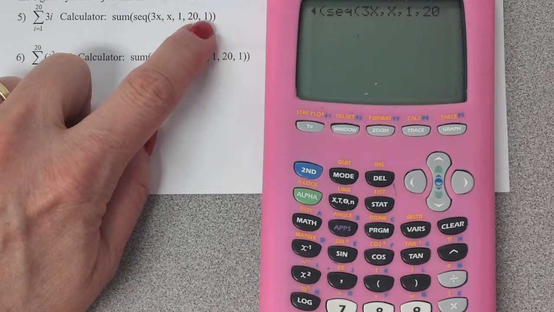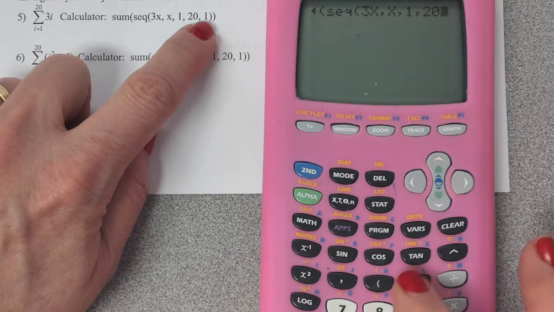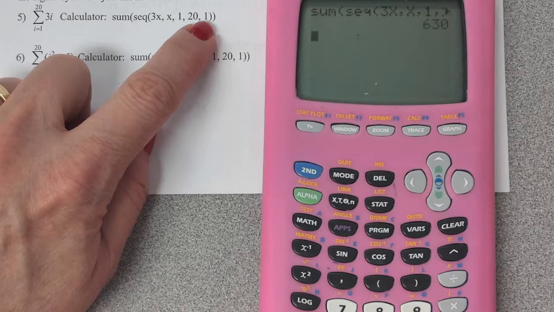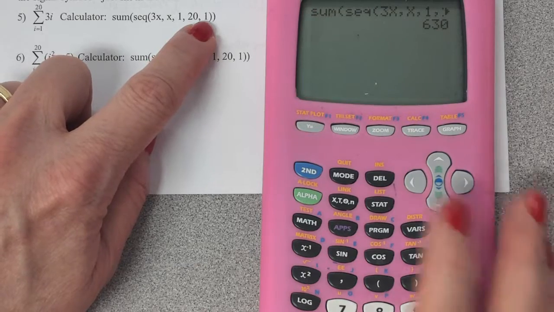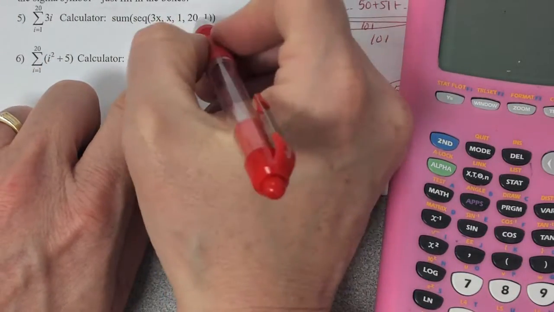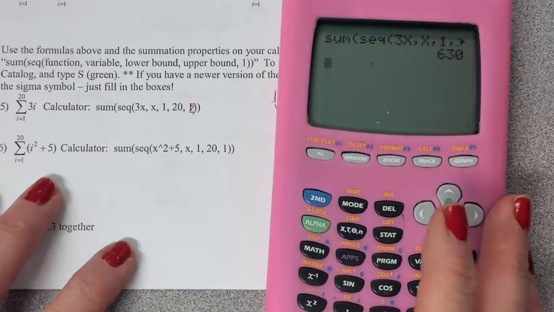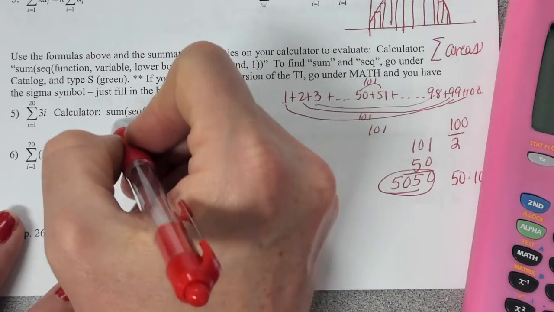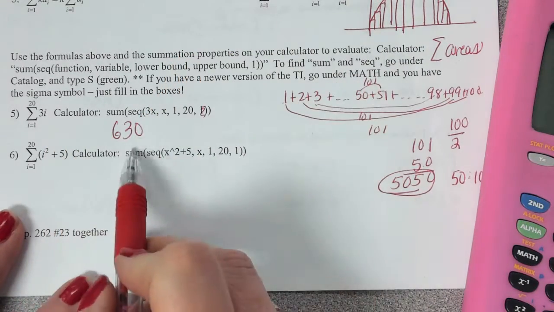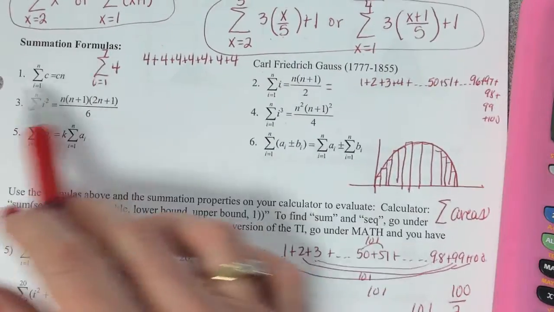That's telling you the increment. It's telling the calculator to go up by 1 every time. But I think it still works if you just close the parentheses and hit enter. It does. Okay, so you can forget about the 1. That's not really necessary. We're always going to go by 1, and that's what the calculator knows. All right, so anyway, this is 630.